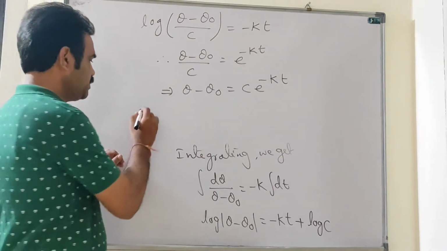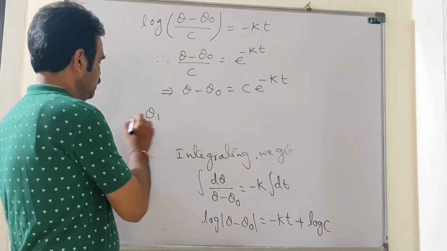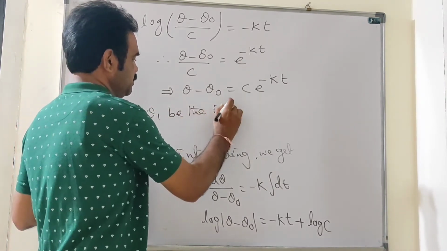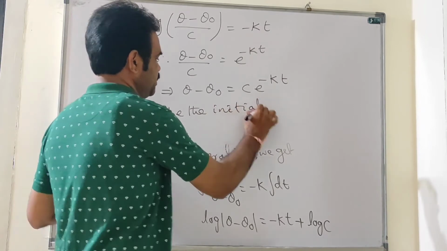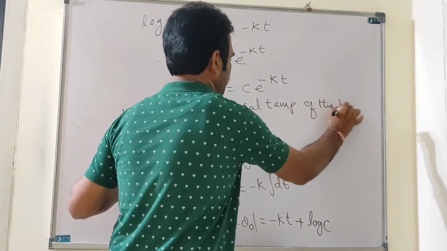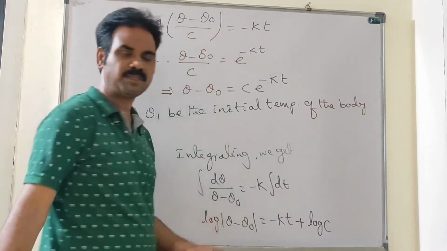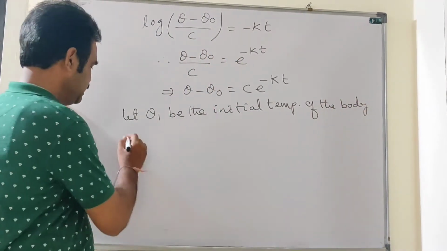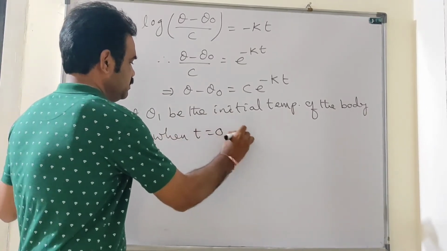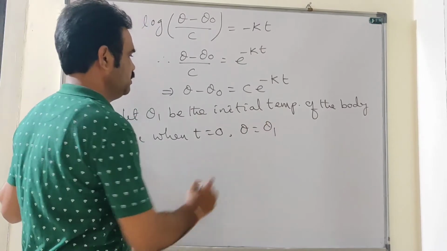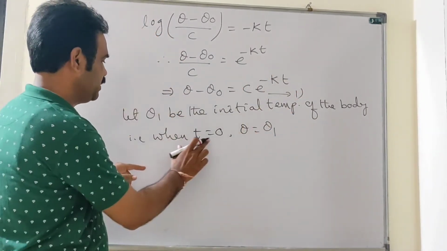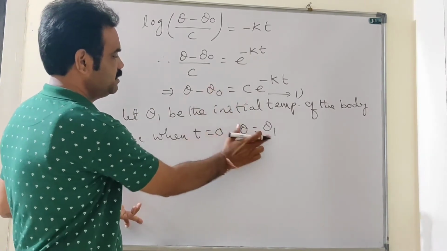Suppose theta 1 is the initial temperature of the body. Initial temperature means when time is 0, that is when t is 0, theta is theta 1. Let it be equation 1. Now substitute here: when time is 0, the temperature is theta 1.